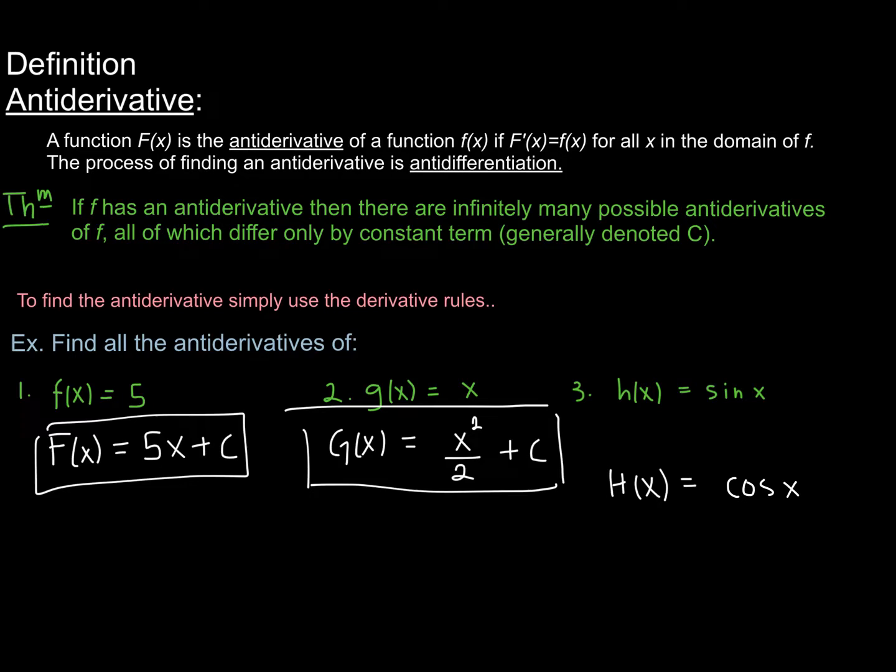Well, the derivative of that is going to be negative sine of x, and we don't have the negative here. So we need to have a negative out front, so that when we take the derivative of negative cosine of x, we factor out the negative, and we'll have negative sine of x, which would be exactly what we want, and we can, of course, add a constant c. So that will be my antiderivative of sine of x.